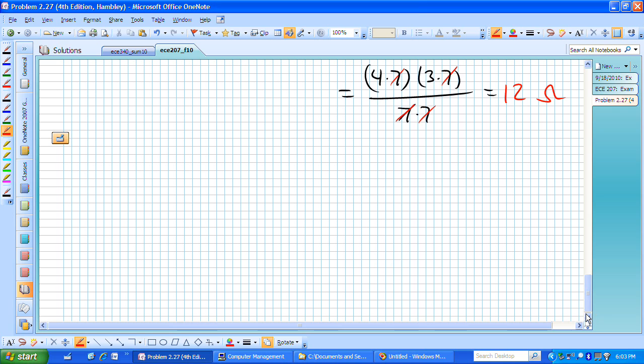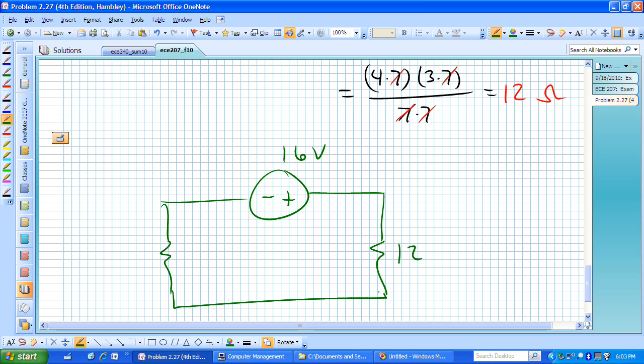Resketching the circuit, I now have a circuit that looks like the following. Here's my 12 ohm, here's my 16 volt source, and this is now my 4 ohm, and I need to find, in one part of the solution, I sub 1.